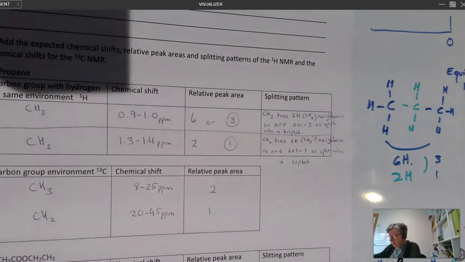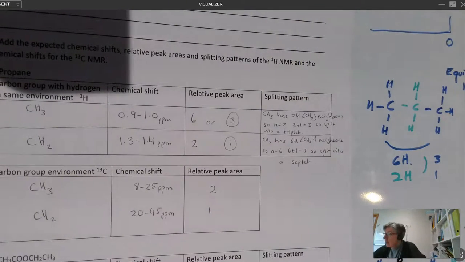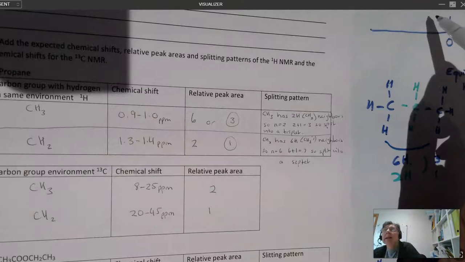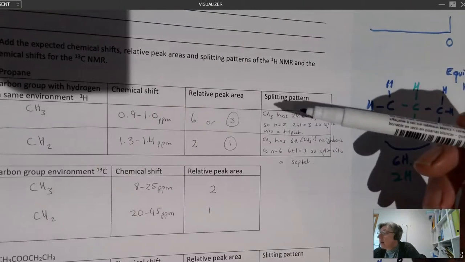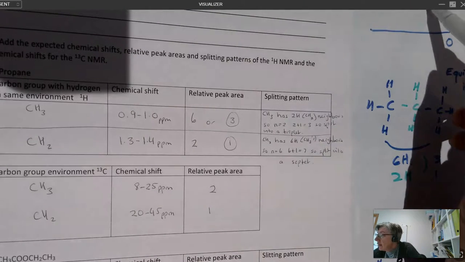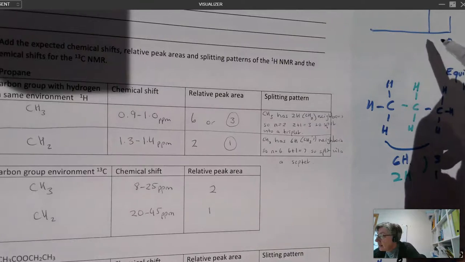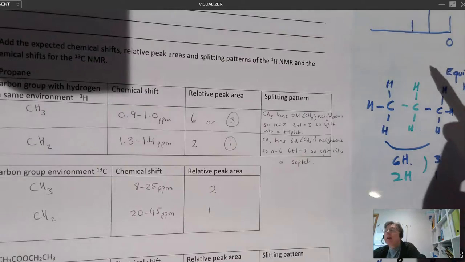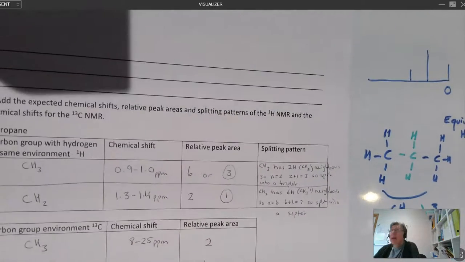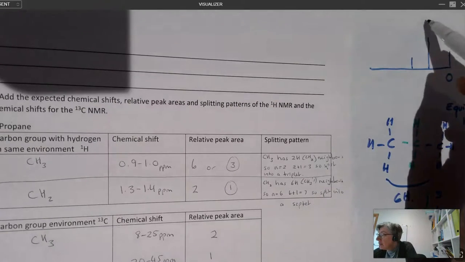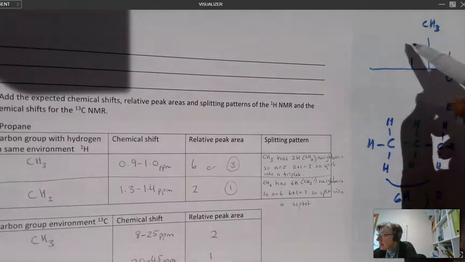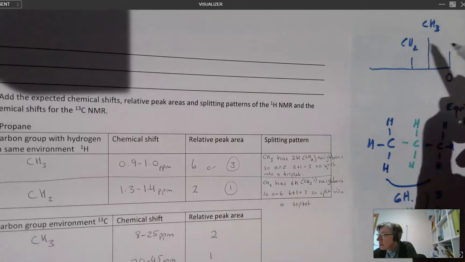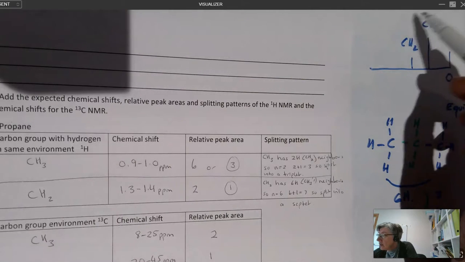So you'd get a peak at about 1, and it would be about 3 times the area of the peak that's at 1.3. So you get one a little bit later, and it's about a third of the height. Okay, so this peak is because of the CH3s, and this peak is because of the CH2s. So it's a 3 to 1 relationship.